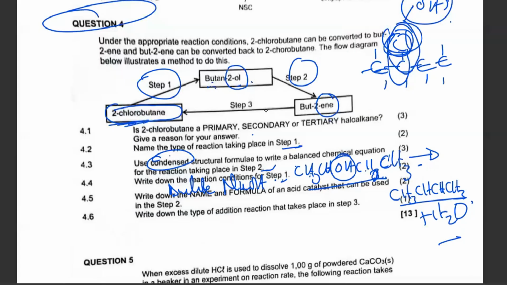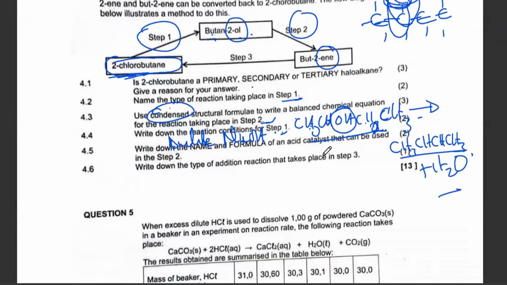Write down the name or formula of the acid or catalyst used in step number 2. Step 2 means I want to dehydrate, therefore I have to apply sulfuric acid. They said name or formula, so if they say name, you have to write sulfuric acid.